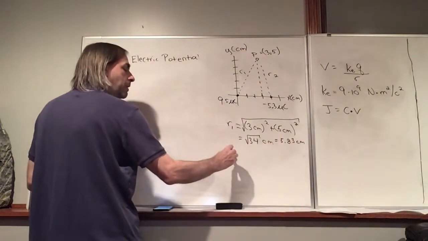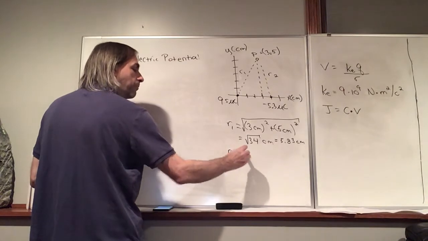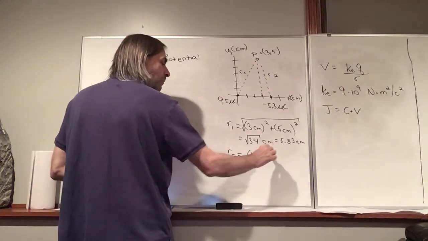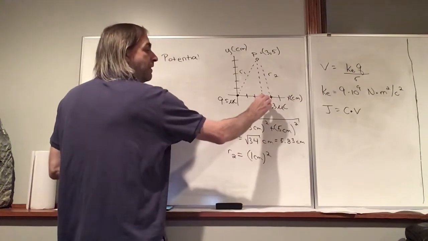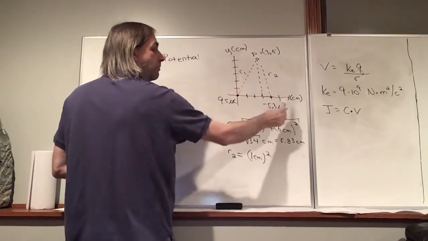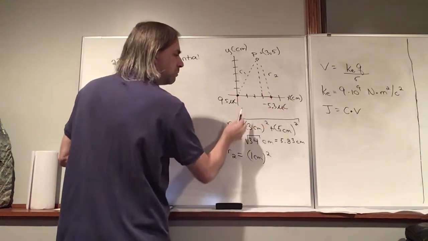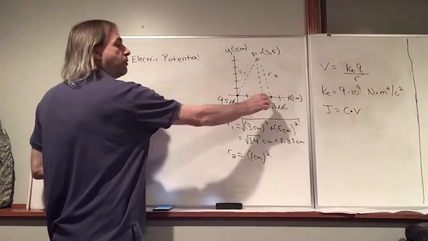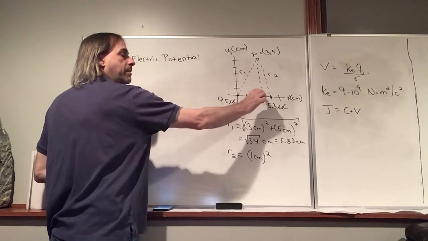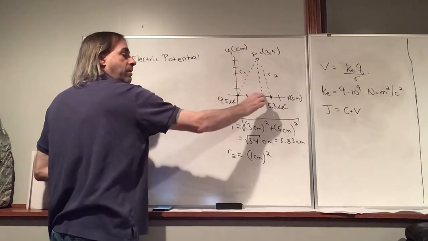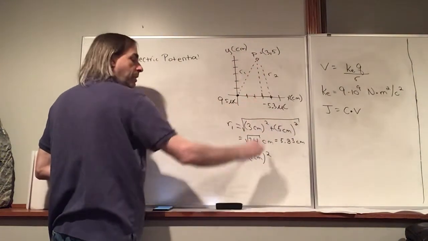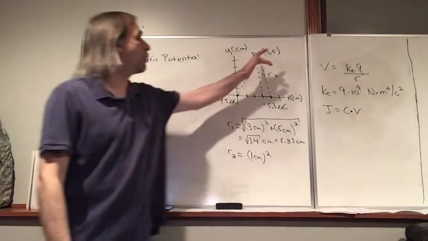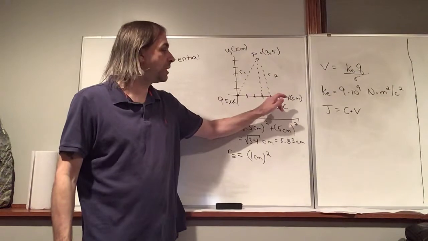And while we're here, let's calculate R2. So in this direction, Q2 is at 4 centimeters. So again, this point is at 3 centimeters in the x direction. So this side is just 1 centimeter, like we're going from 3 centimeters to 4 centimeters.